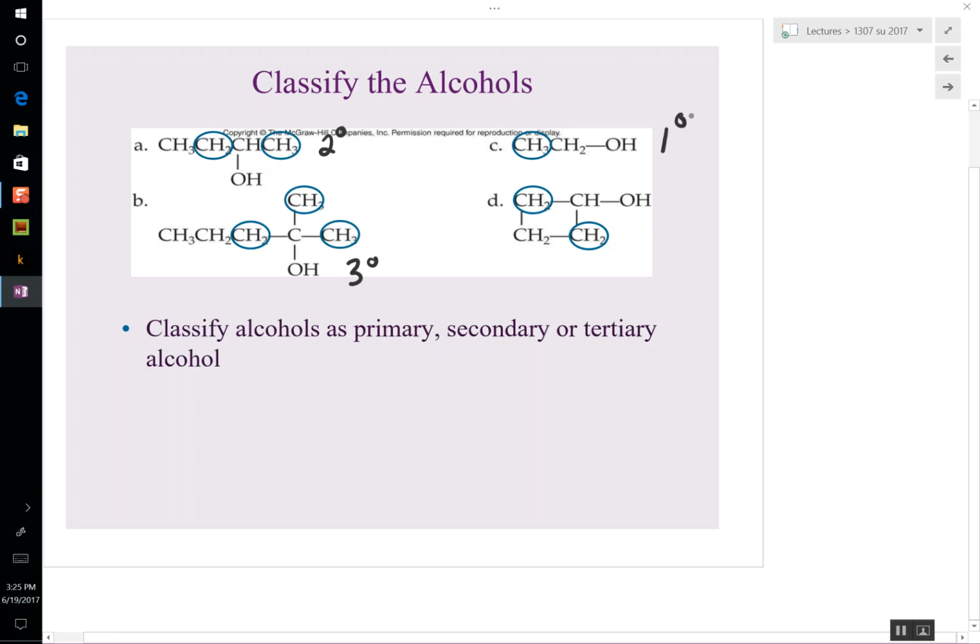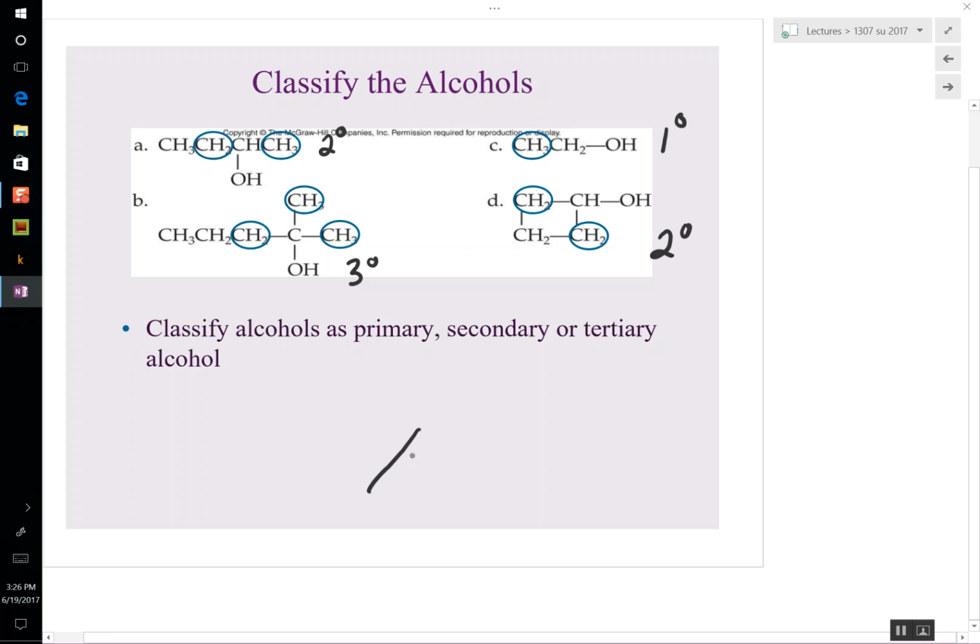All right, this would be cyclobutanol. So there's your carbon with your OH. How many carbons are attached to that? 2. So what is that? Secondary.